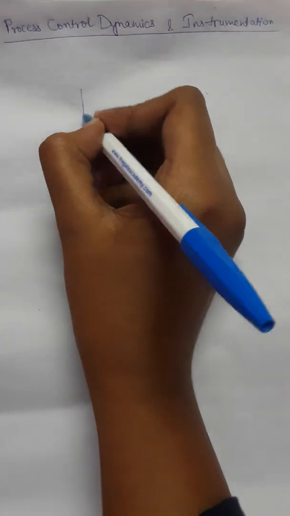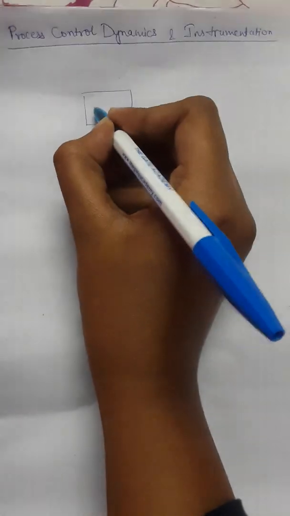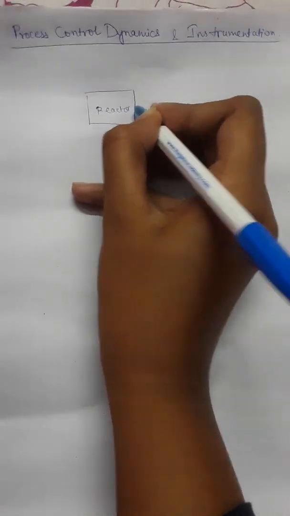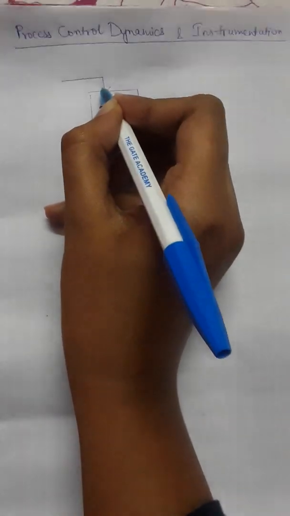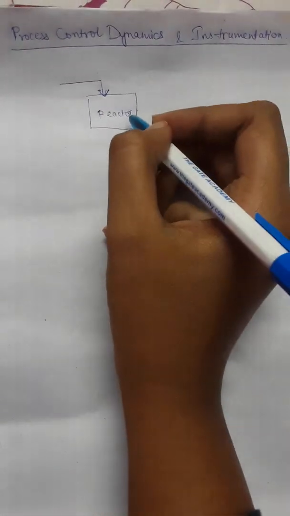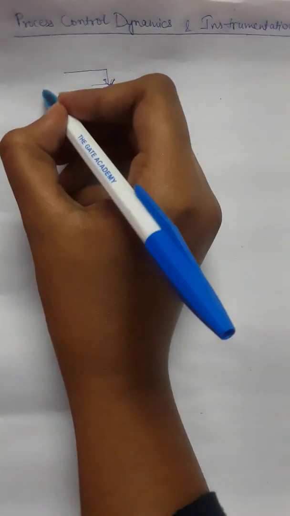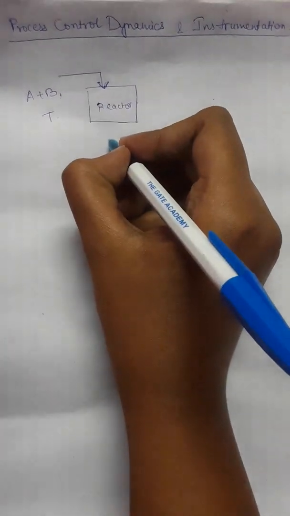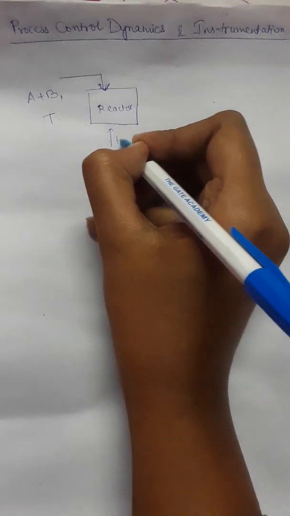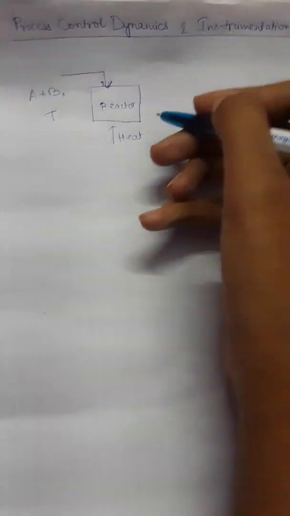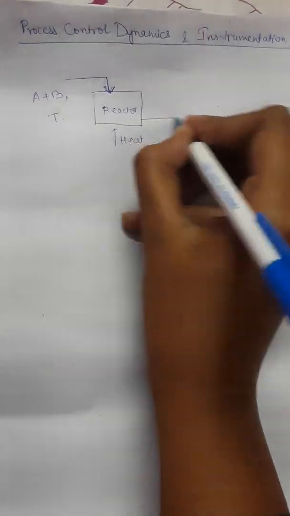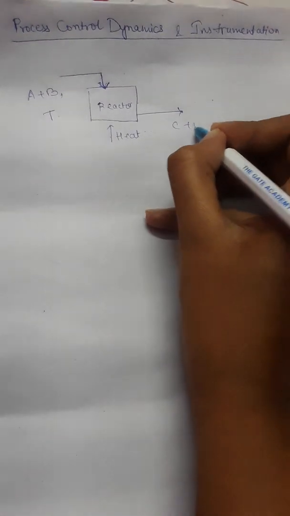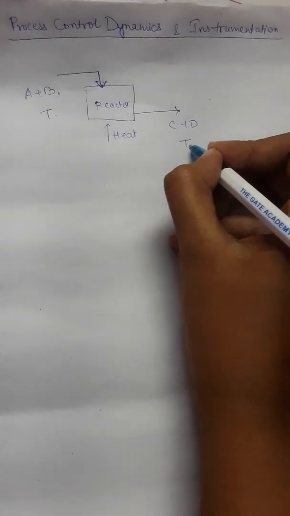Now, let us assume that we have a reactor. Let's say this is our reactor, and there is some reactant going in, say a mixture of reactant going in A plus B at a given temperature T, and maybe there is some heat source, heat being an operating condition, and what we get in the outlet is C plus D at a temperature TO.